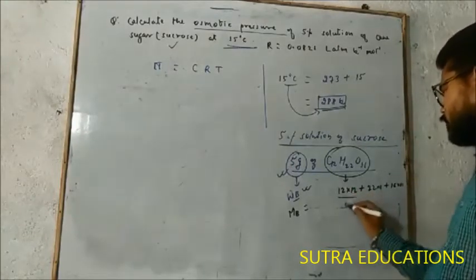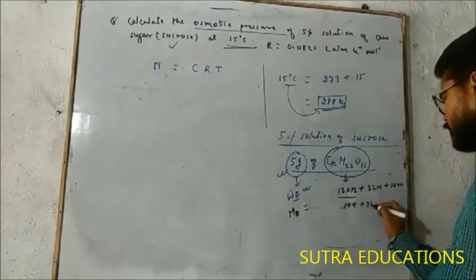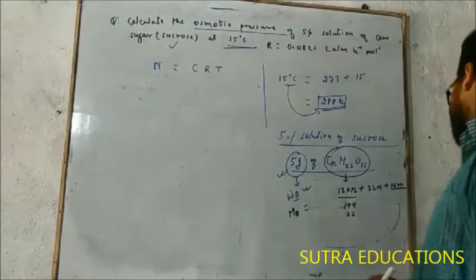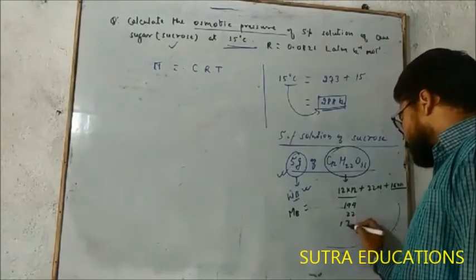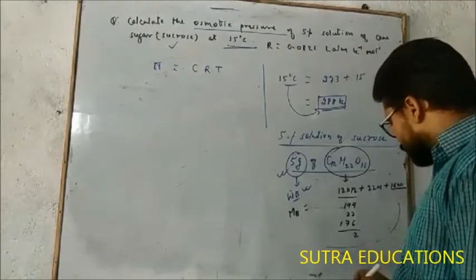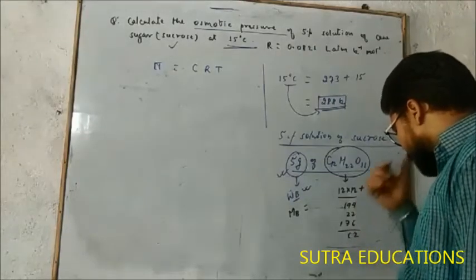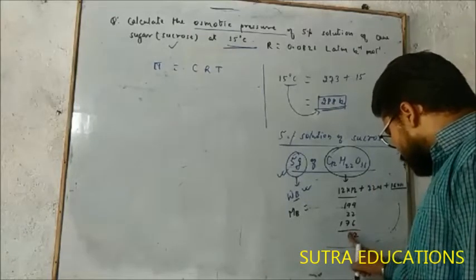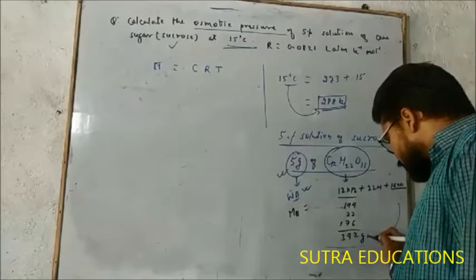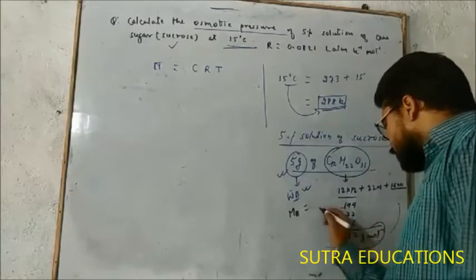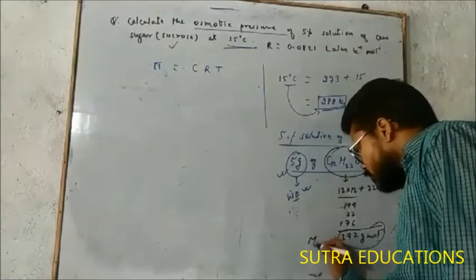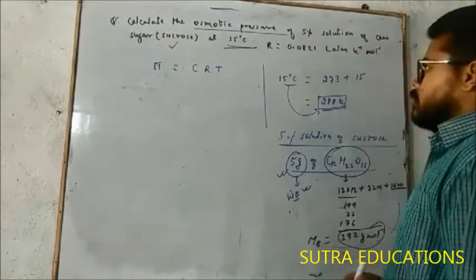That is 144 plus 22 plus 176, which gives 342 gram mole inverse. So this is MB, the molar mass of solute.